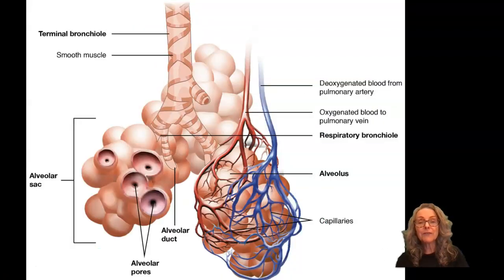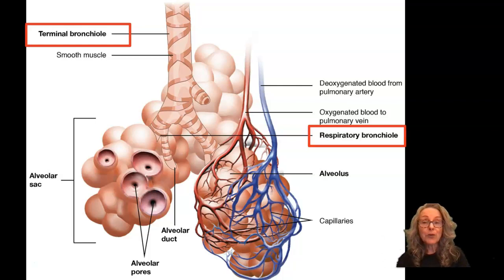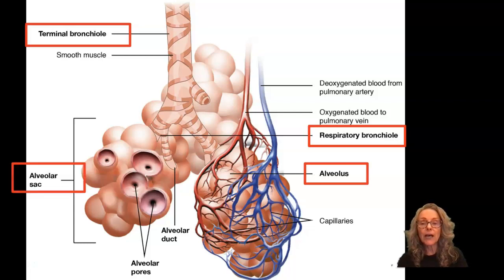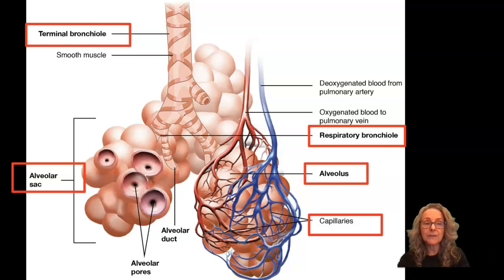Regardless of these protective measures, pathogens often make their way into the respiratory zone. This consists of the smallest bronchioles, the terminal bronchiole and the respiratory bronchiole that leads into the air sacs, which contain the alveoli and that are surrounded by the capillary beds.